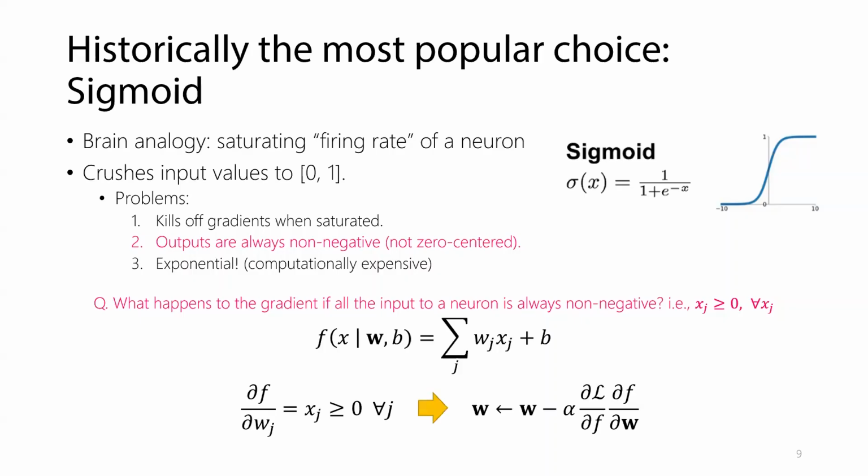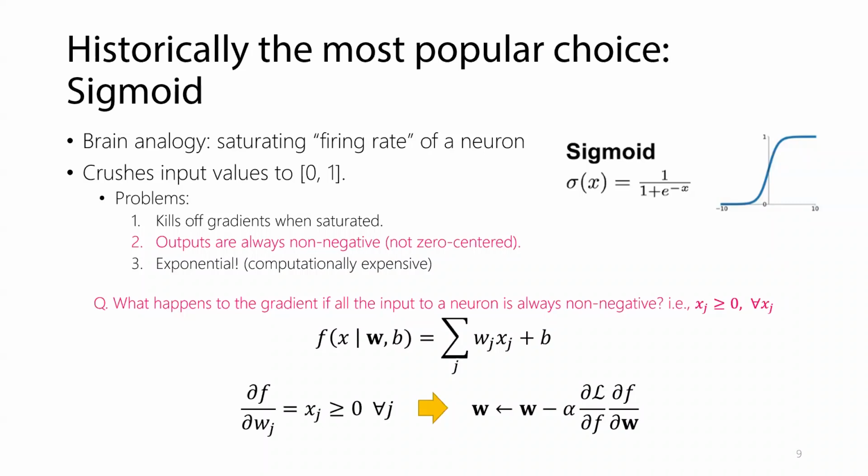And that will cause a problem with the gradient descent process, because think about it: this gradient over here, the local derivative, is what we're going to use to update the weights.